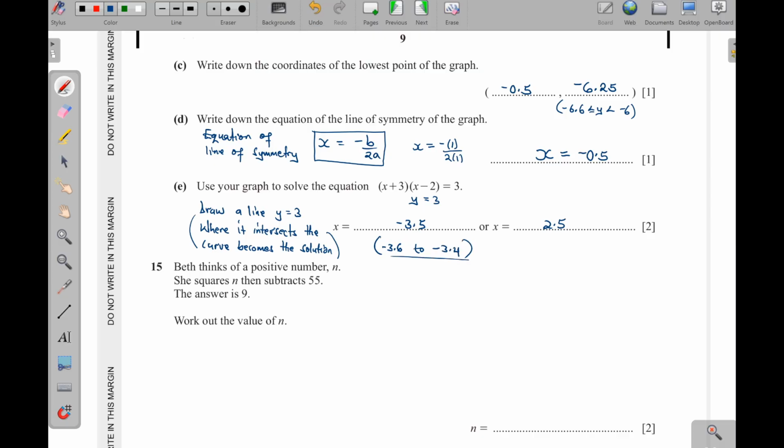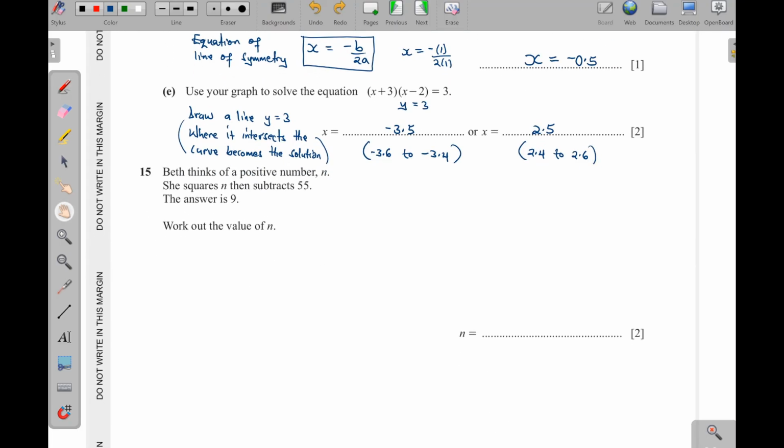So it shouldn't go beyond this. And then here you have 2.4 to 2.6. So mine is 2.5 here, which falls in there, and also negative 3.5 falls within here. Okay, so that is that.